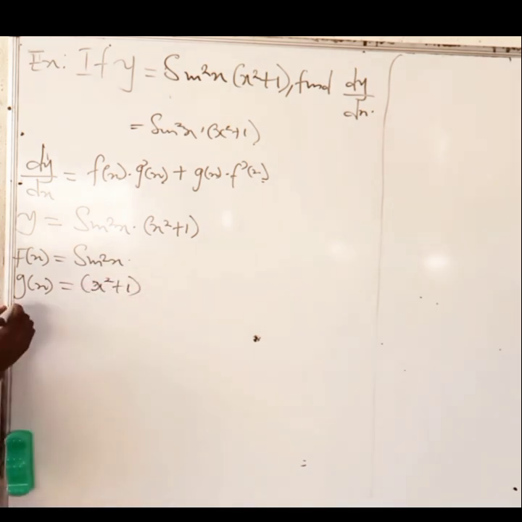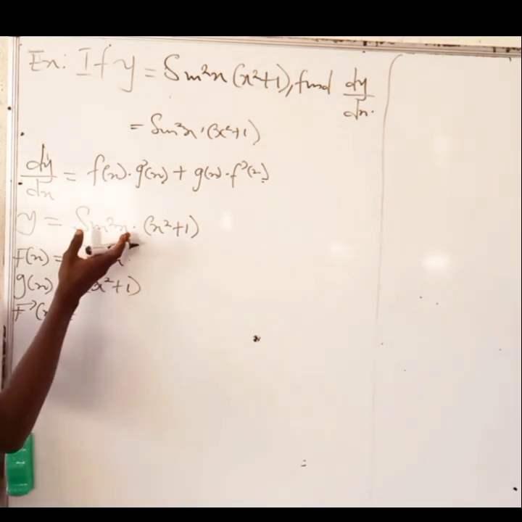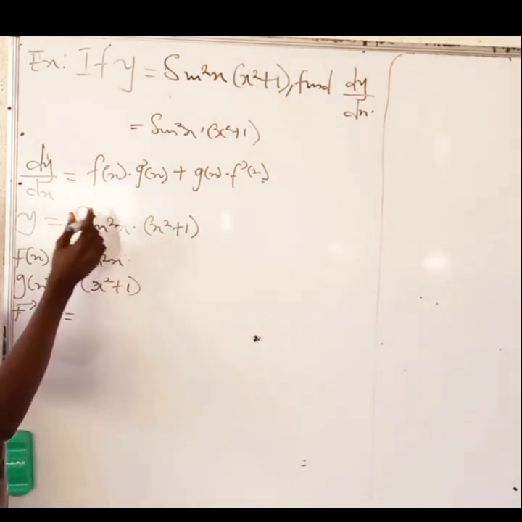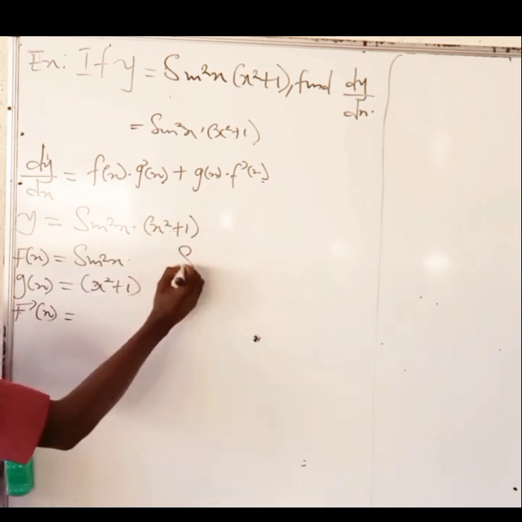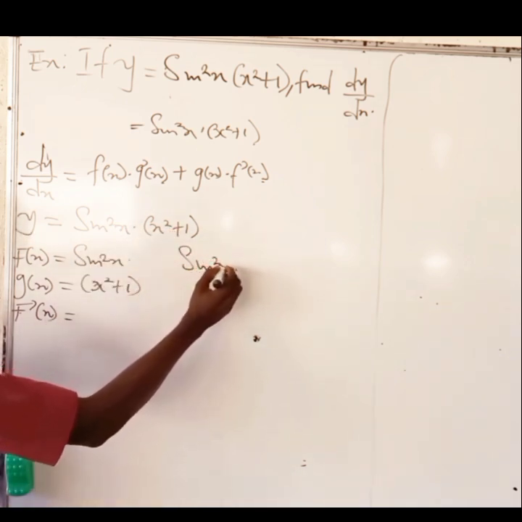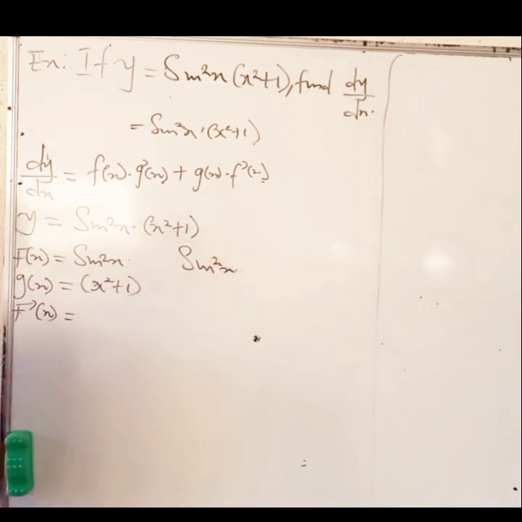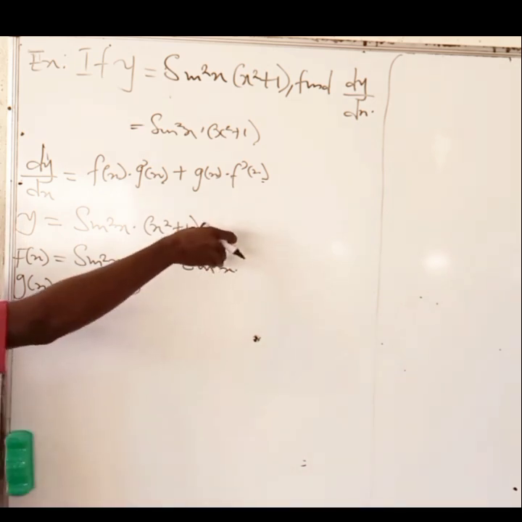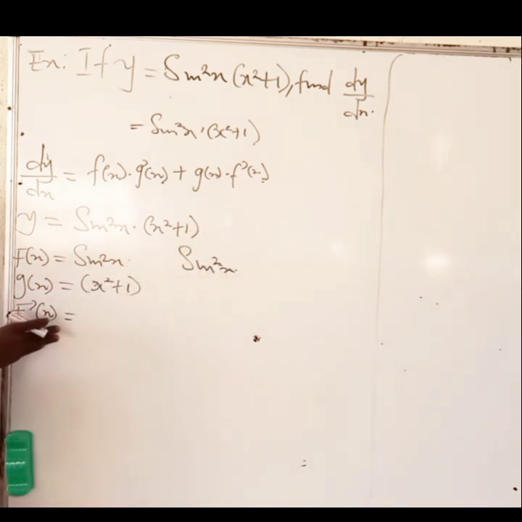So if I'm differentiating f prime of x, you can see f of x is a function of a function, which is the chain rule. So you have to differentiate this function before you can know the f prime of x.